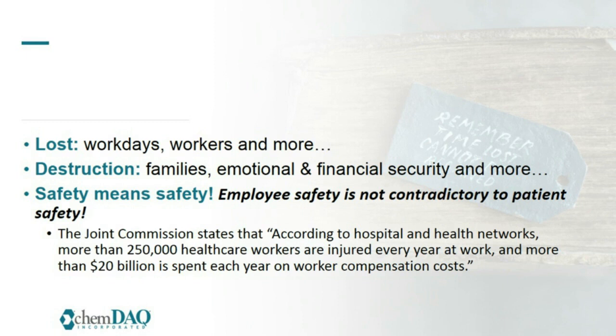The BLS, the Bureau of Labor Statistics, commented that healthcare and social assistance workers had the highest number of injuries and illness, 1 in 5 cases reported. The numbers have not changed over the last decade. The injury and illness rate of healthcare workers was 238 cases per 10,000. That's almost 2.5 times the rate for all of the private industry that's out there.